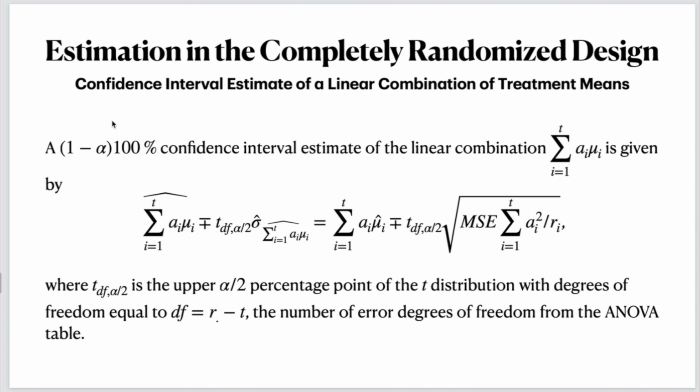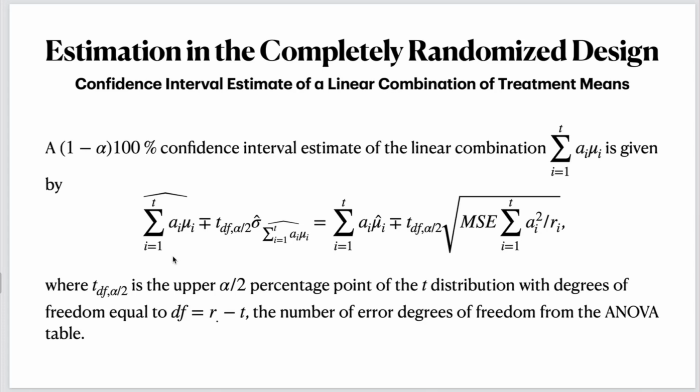A 1 minus alpha times 100% confidence interval estimate of the linear combination is given by the point estimate minus plus the margin of error. The margin of error is equal to the product of the interval coefficient from the t-distribution and the estimated standard error of the point estimate of the linear combination itself.